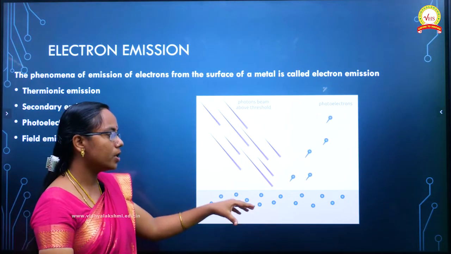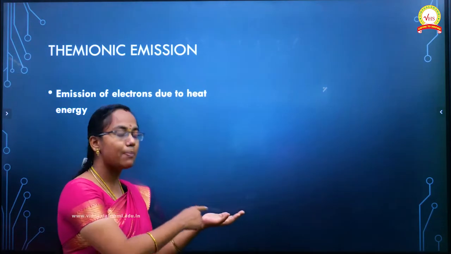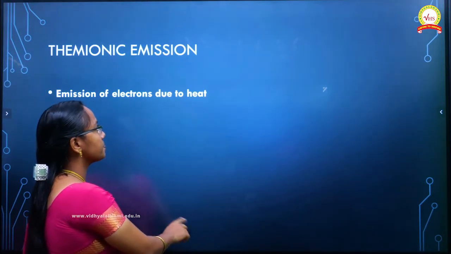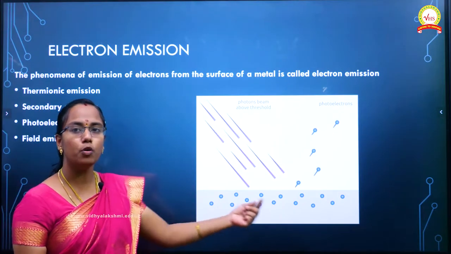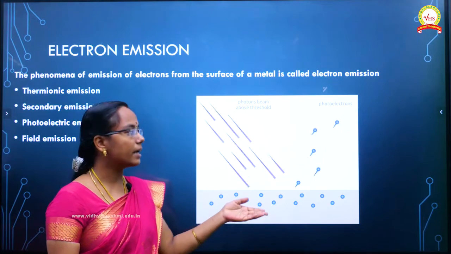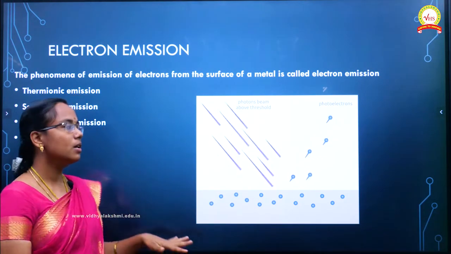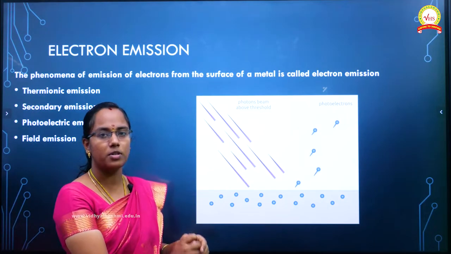They fall on this metal surface, and the electrons which are capable of moving freely inside the metal gain energy from these photons and get ejected out, and those electrons are called photoelectrons. So this is how electron emission usually occurs.